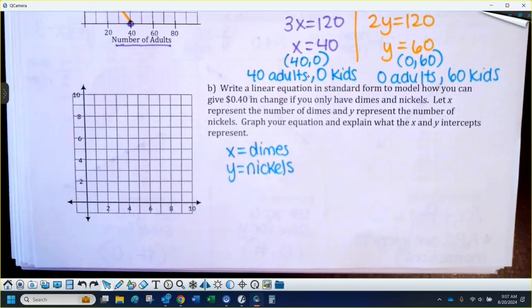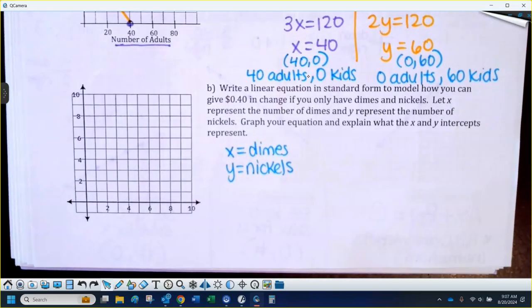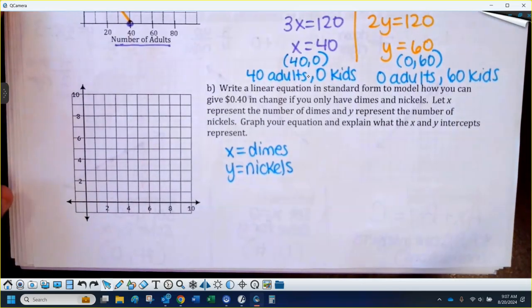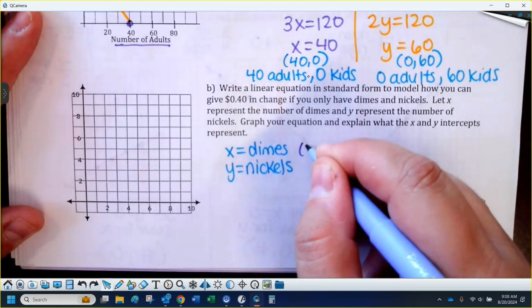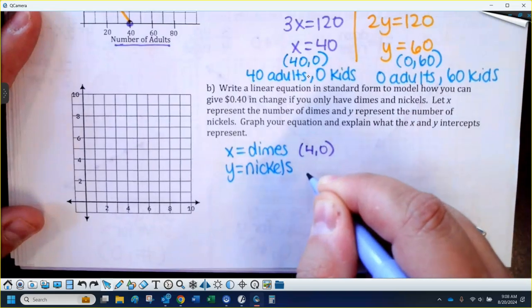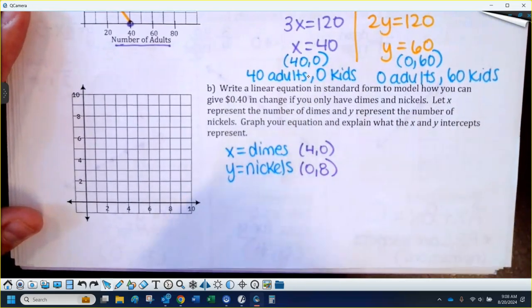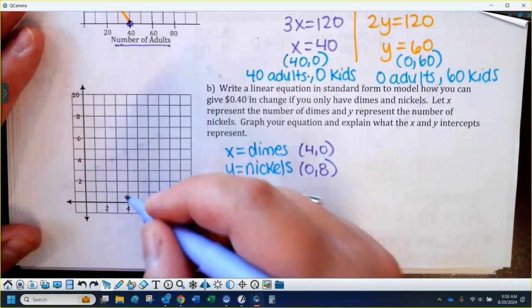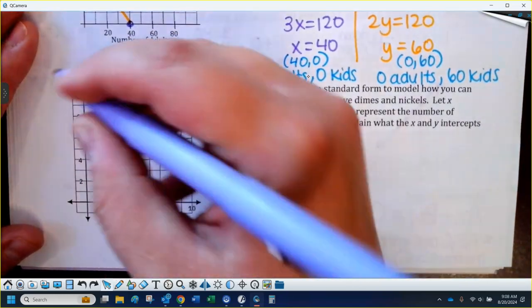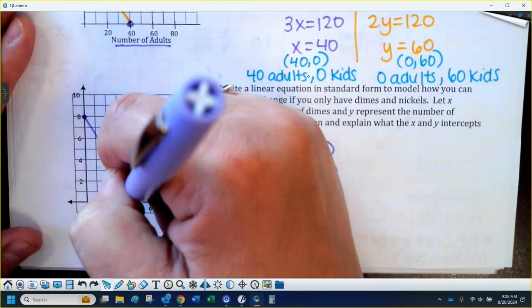Anybody have any idea how you would write an equation in standard form that would work for this? Go ahead. Yeah, okay. Not an equation, but we can actually do the graph apparently before we could even write the equation. That's perfect.